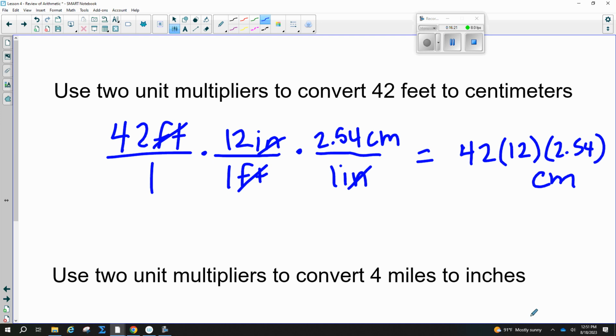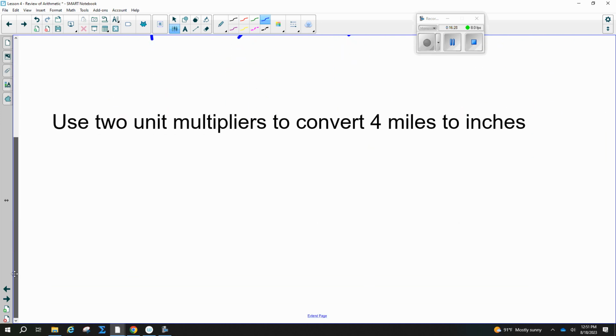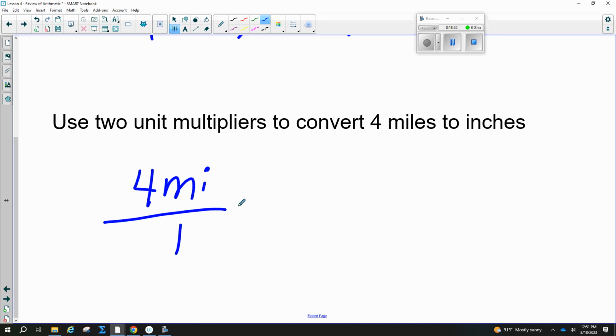Yeah. All right, 2 unit multipliers to convert 4 miles to inches. All right. So miles first has to go to what, everyone? Feet. All right, so the 1 mile goes on the bottom. 1 mile, MI, is equal to 5280 feet. All right, so I convert from miles to feet. Now I need to go to inches.